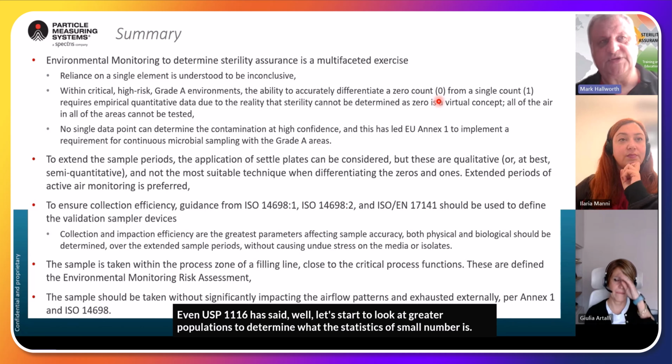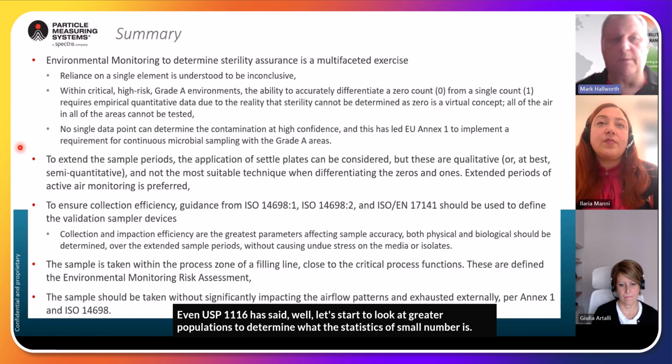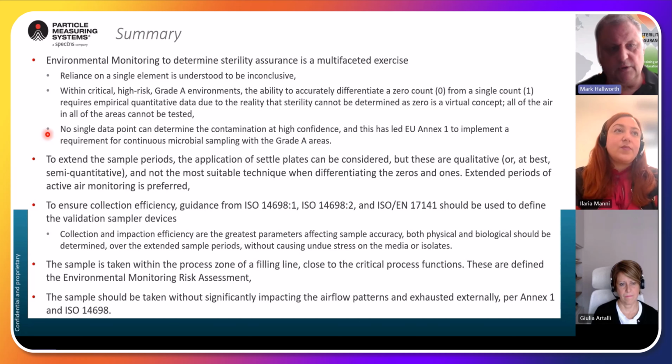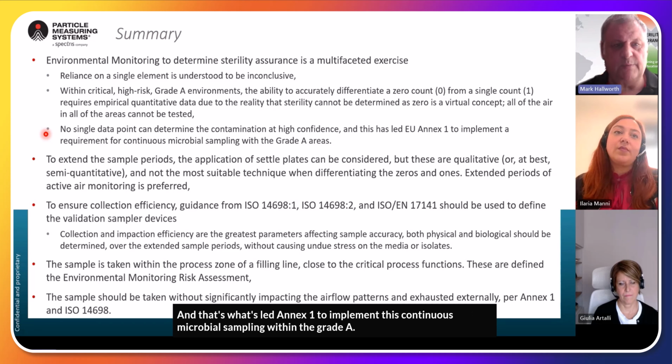Even USP 1116 has said, let's start to look at greater populations to determine what the statistics of small numbers are. So no single data point can determine contamination with high confidence. And that's what led Annex 1 to implement continuous microbial sampling within the grade A.